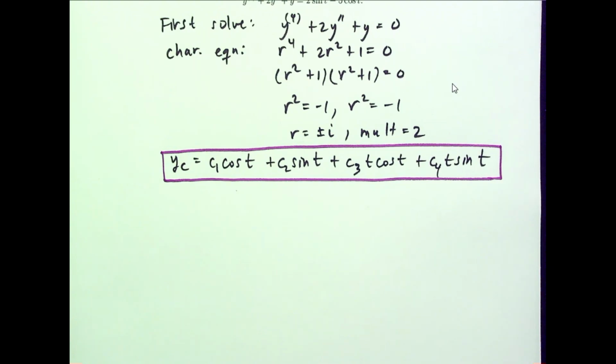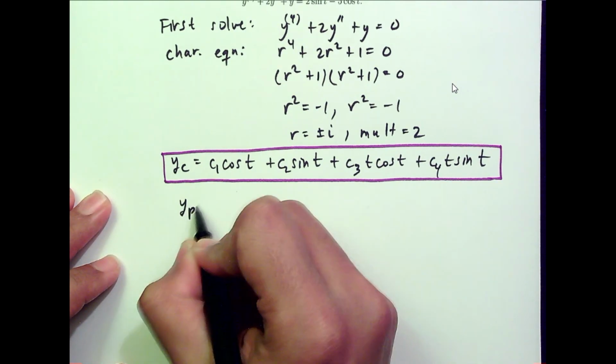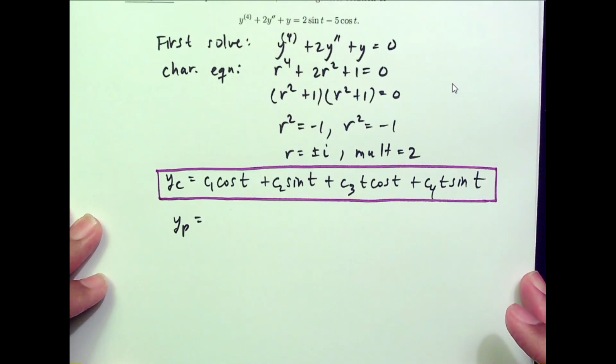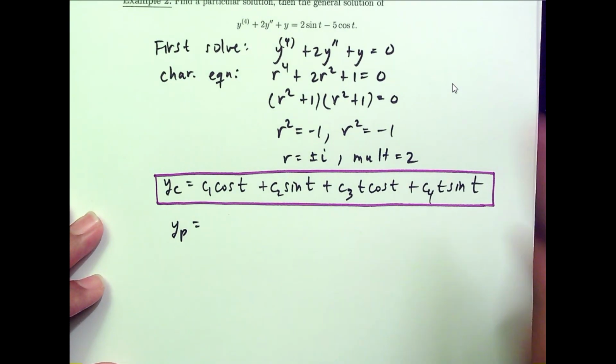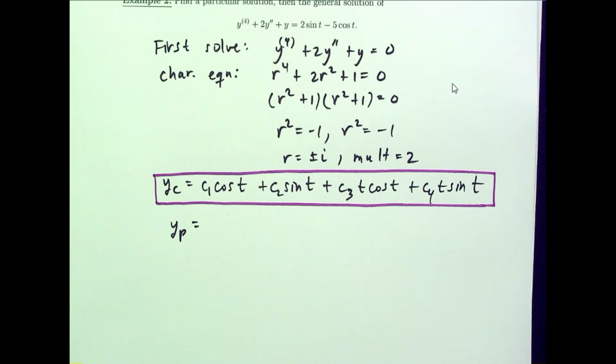Now we're going to find a particular solution using the method of undetermined coefficients. So we have to make an appropriate guess for the particular solution. And looking at this, this is a linear combination of sines and cosines.